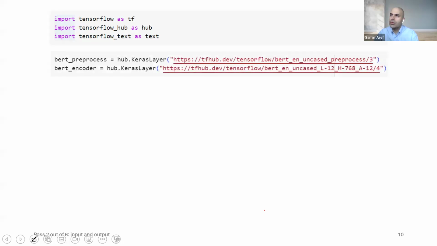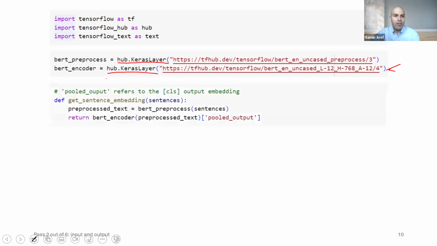First, I'm going to load BERT's preprocessor from here, and then I'm going to load the BERT encoder from this address. Then I'm going to define a function that takes a sentence as input, then that input goes through the preprocessor, and then the preprocessed input goes through the encoder.